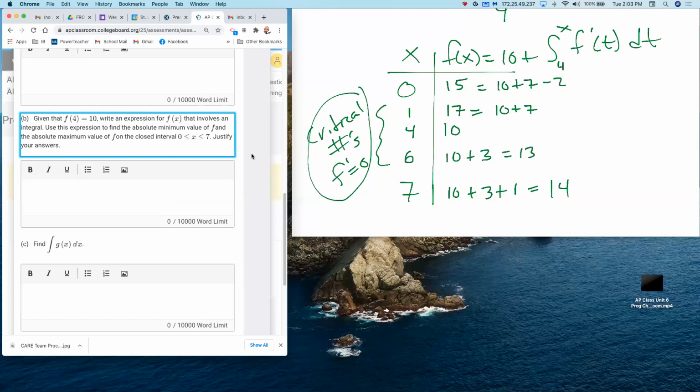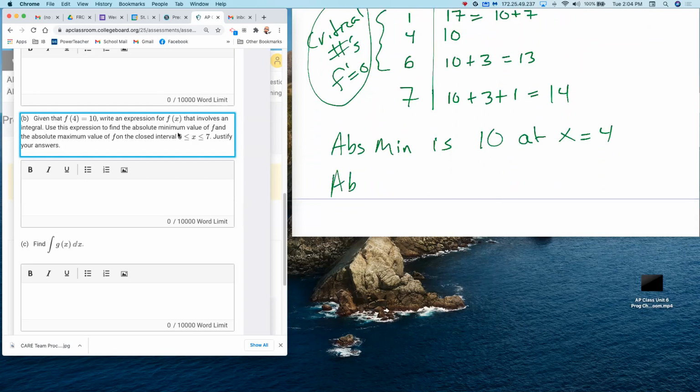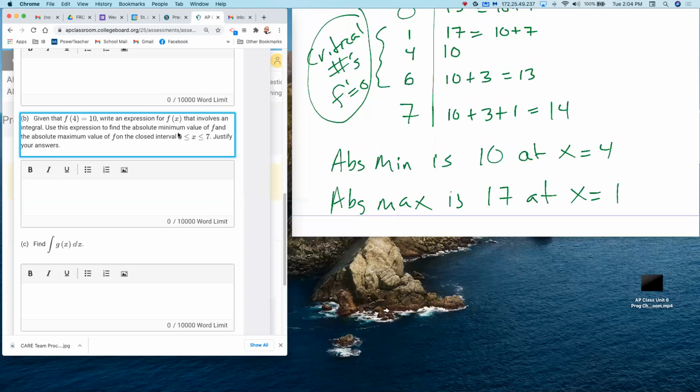So what you need to say is the absolute minimum is 10 at x equals 4, and the absolute maximum is 17 at x equals 1.